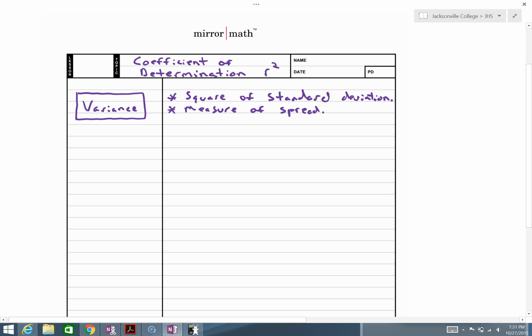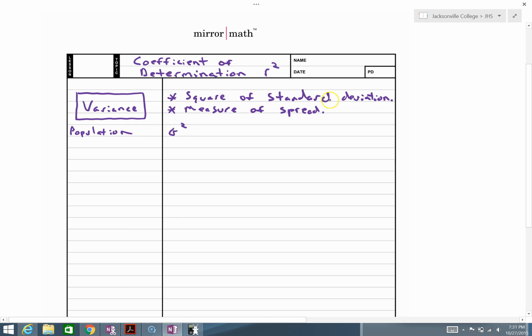But as we advance in statistics, we'll see that variance behaves a little bit better mathematically, and we're able to oftentimes use it where we can't use standard deviation. The symbols that represent variance are just like standard deviation, only squared. The population variance is sigma squared.